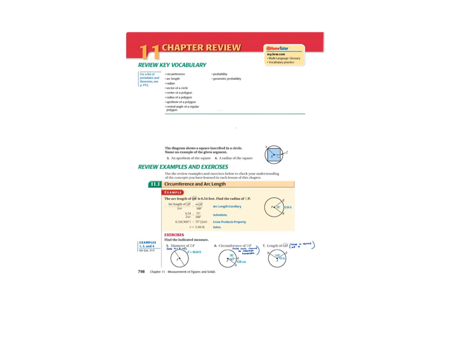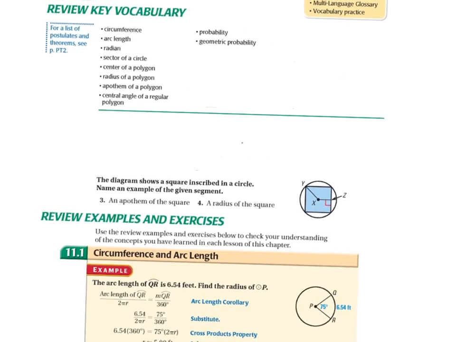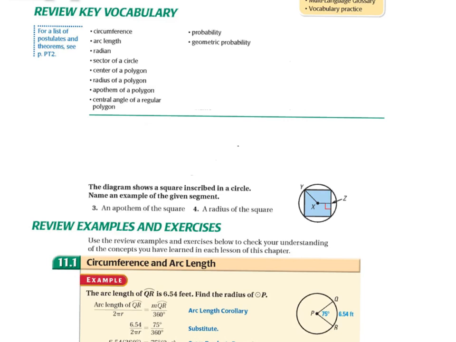This video is going to cover the chapter review and the extra area that was due this morning at 8 a.m. So the first question you needed to answer was to identify the apothem of the square, and the apothem of the square is segment XZ.